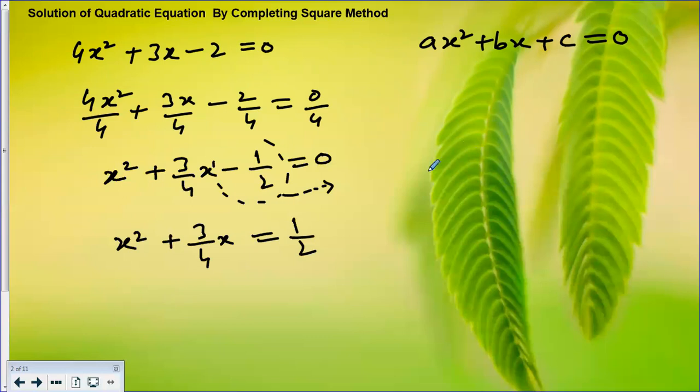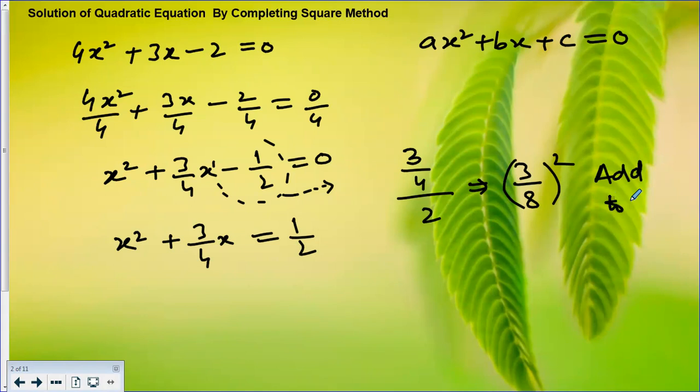And then we take half of the coefficient of x, which is 3 over 8, and then we take the square of it and add it to both sides. So we add 3 by 8 square to both sides.